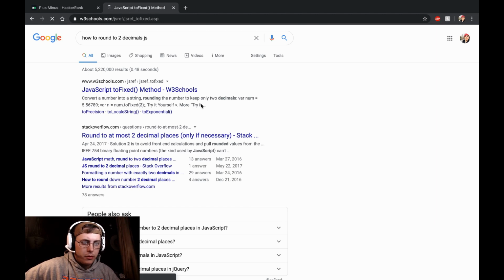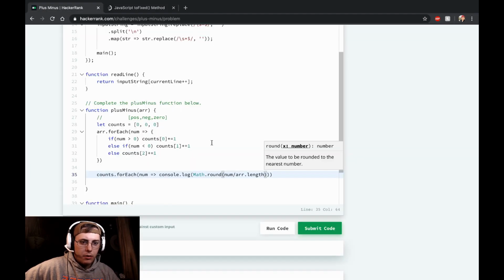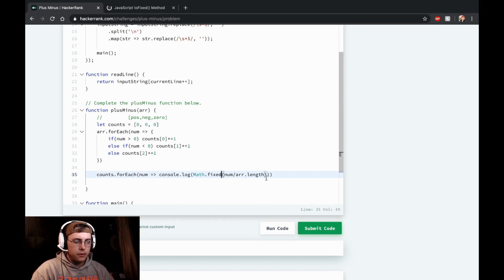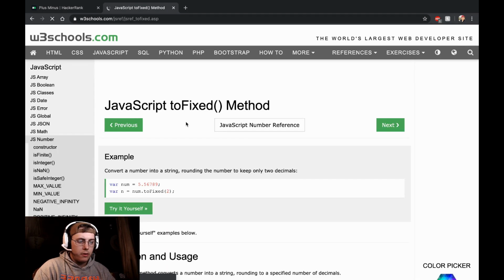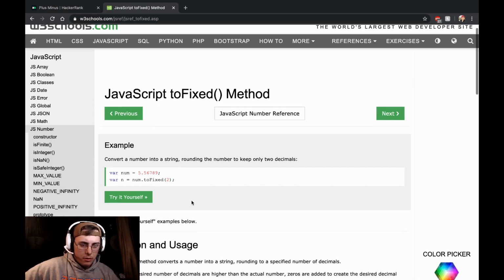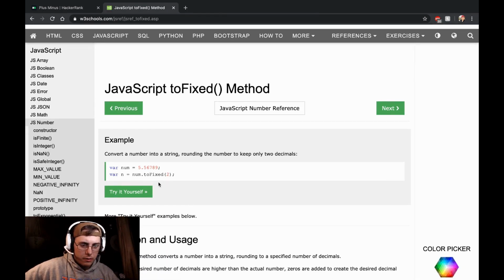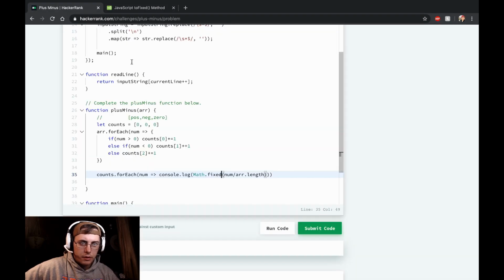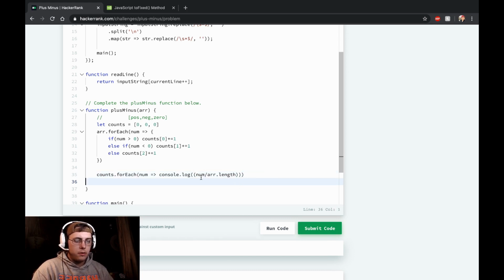Keep only 2 decimals. Okay, so that's kind of what it looks like it's doing. So I'm assuming I would use toFixed, num.toFixed. Okay. So could I do this and then chain toFixed onto it?